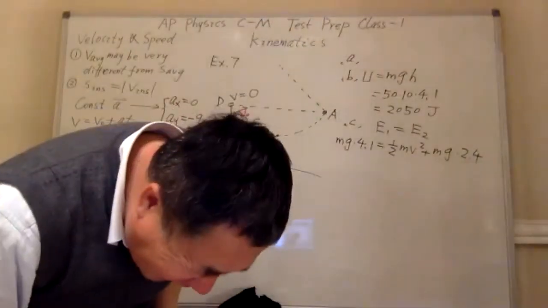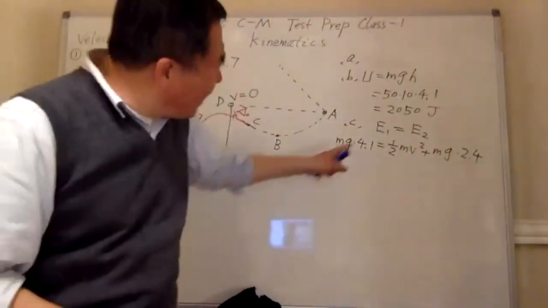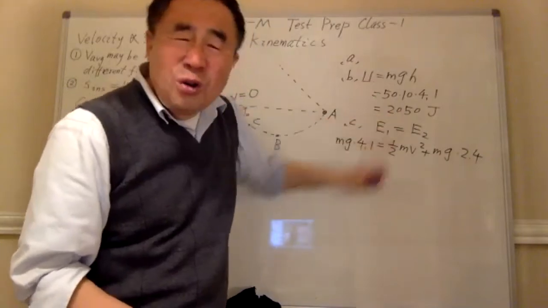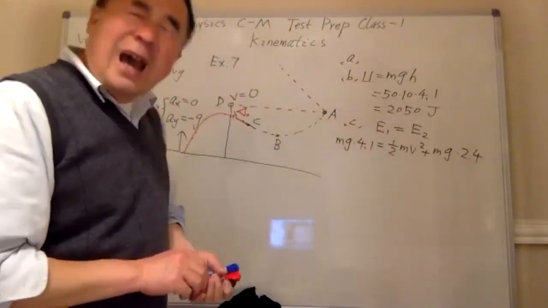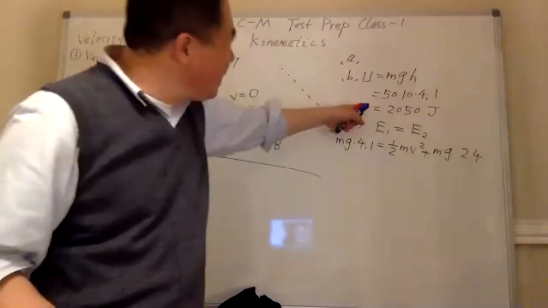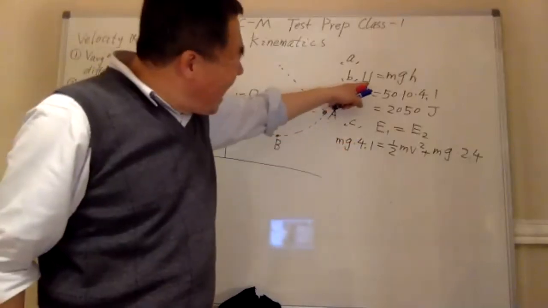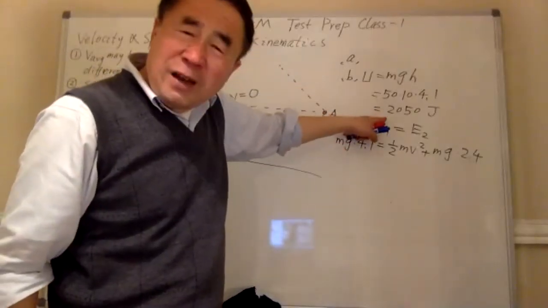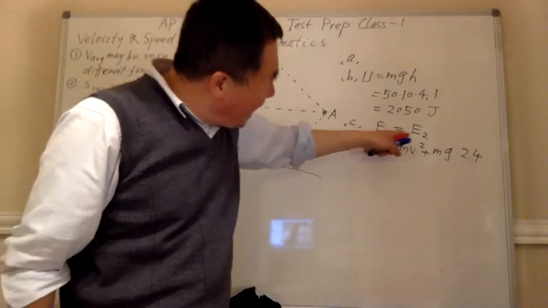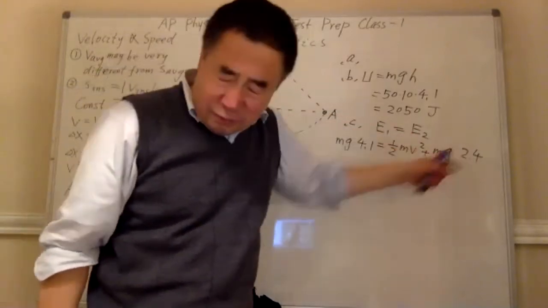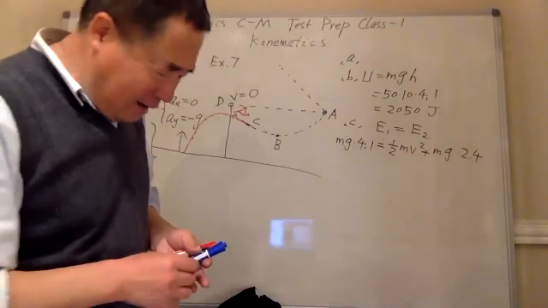Remember, I didn't apply my initial potential energy value. Why don't I do that? I'm afraid of making a mistake and carrying it to here. Remember, when they ask for your potential energy, you give them the value. But when you apply conservation of energy, I recommend you rewrite the formula again. Why?